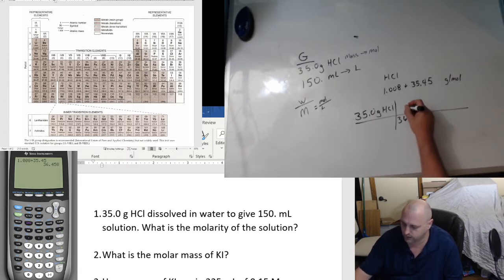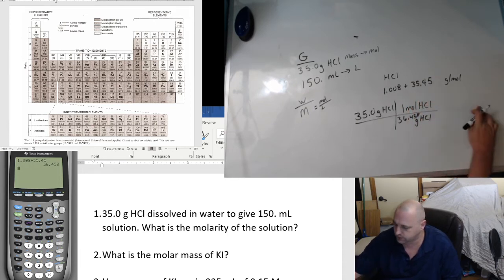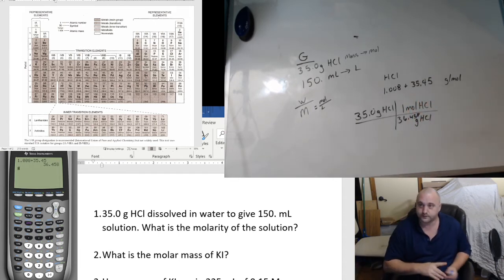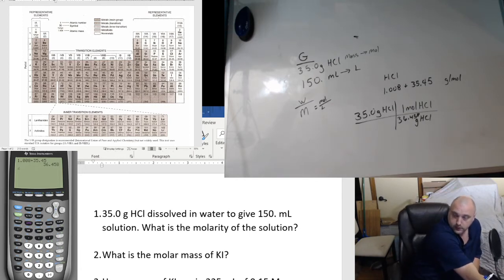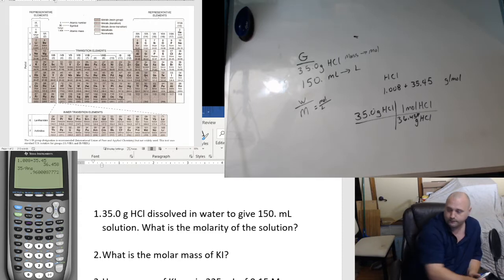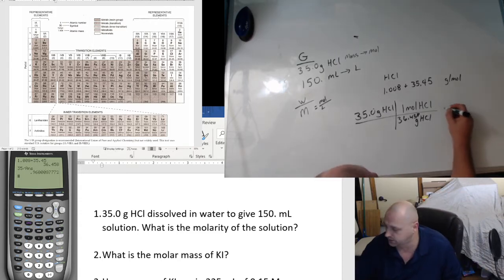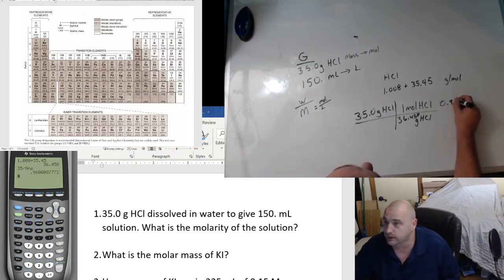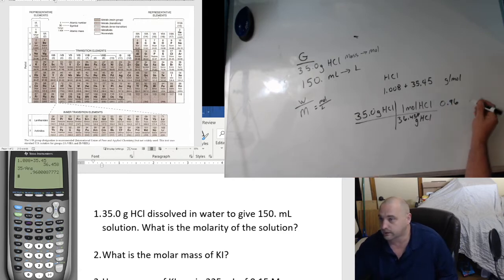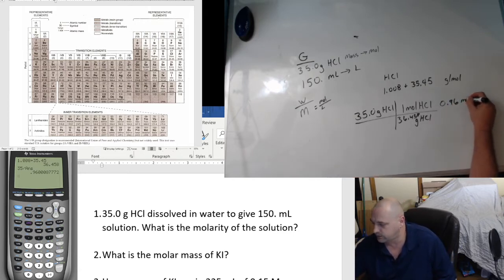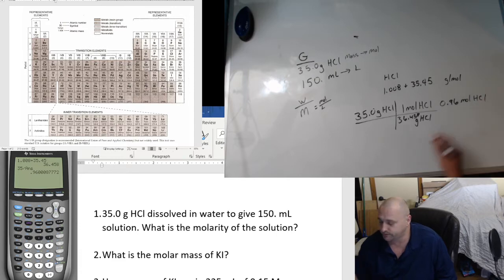That's for each 1 mole of HCl. So this will get me moles of HCl. I'm just going to take 35 and divide it by that, using my previous answer, and I have 0.96 moles of HCl.